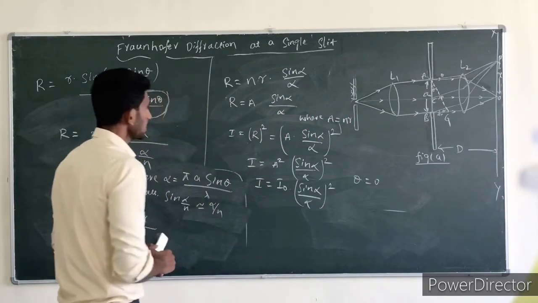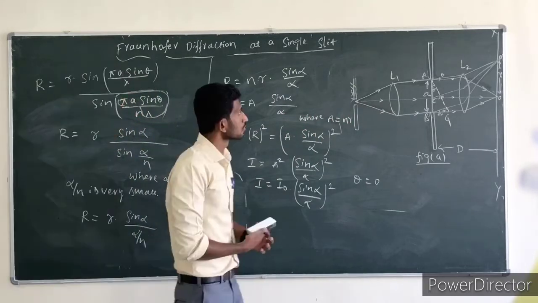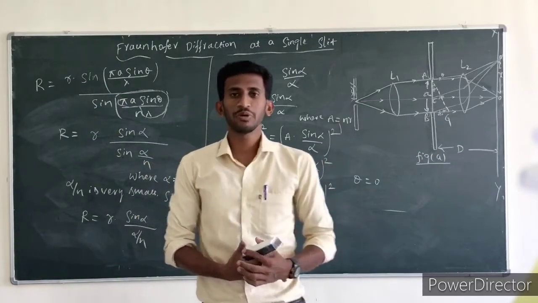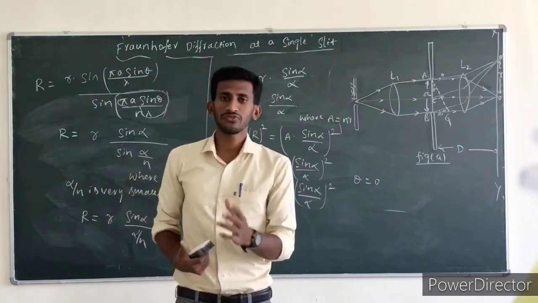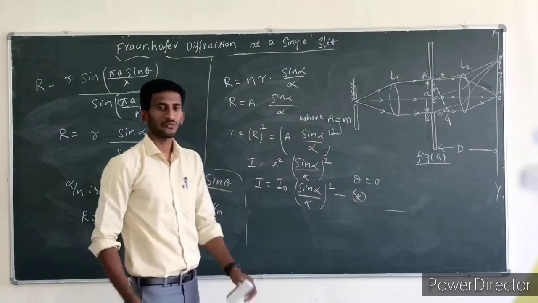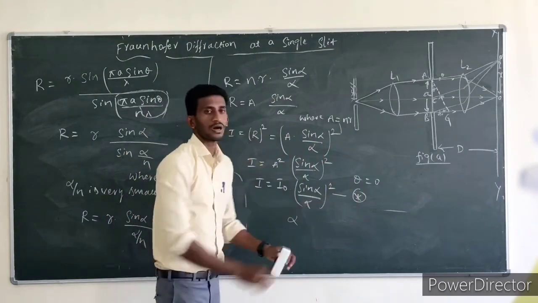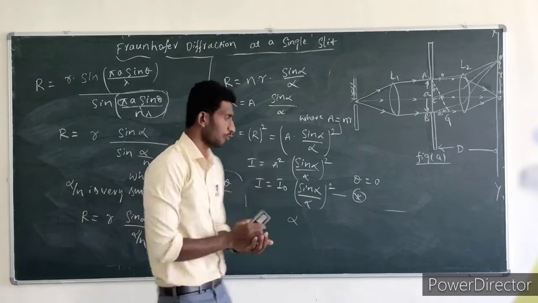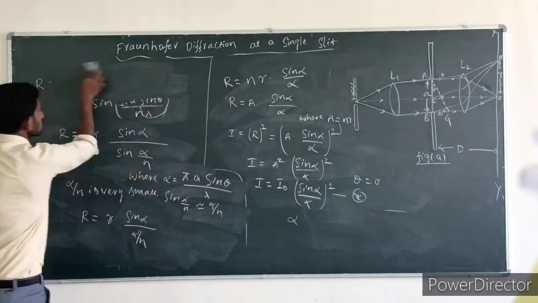Okay. So next, the maximum and minimum intensity at P can be found by differentiating this equation with respect to alpha and equating to 0. Now I will call this equation number star.